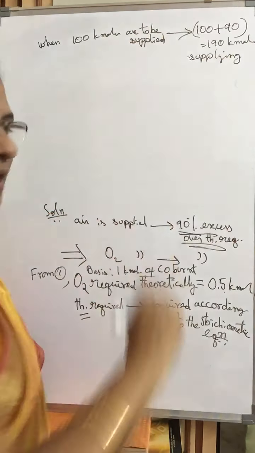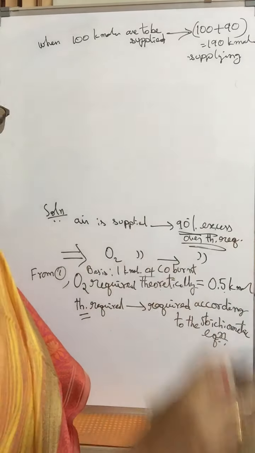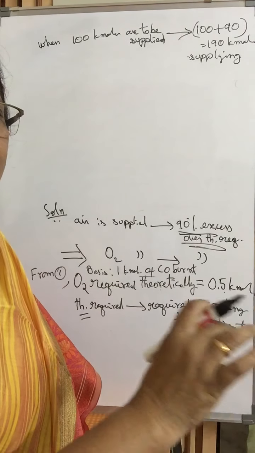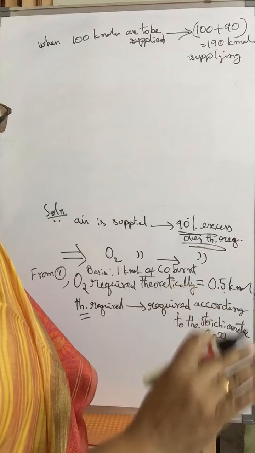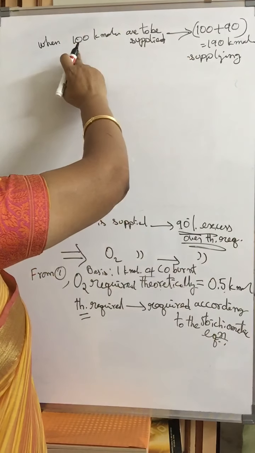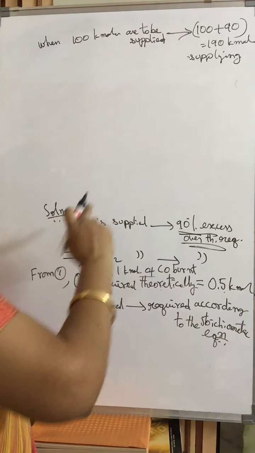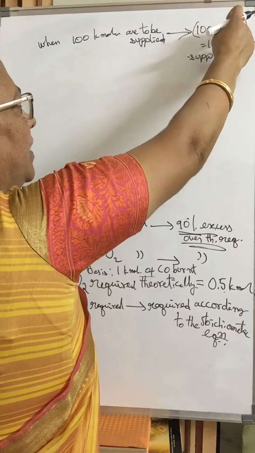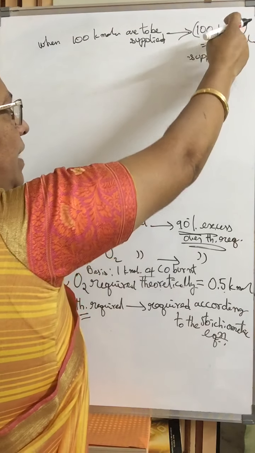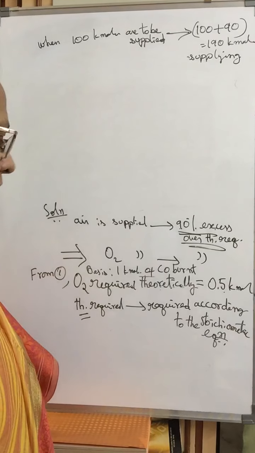That is the meaning of 90% excess. Please understand these terms, percentage excess. Where we need to supply 100 kilomoles, we supply 100 plus 90, 190 moles.